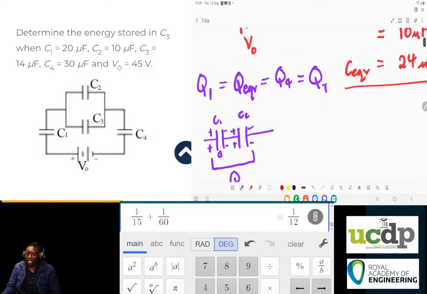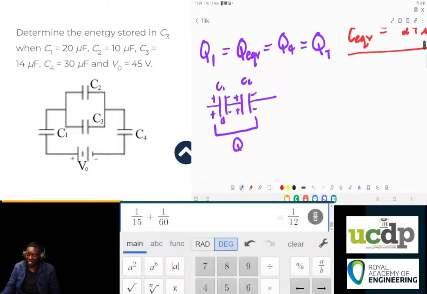You don't need to think hard about the addition, but generally look at it this way: this is your left plate, the positive plate, plate number 1, and the negative plate is plate number 2. So this is now just like one capacitor with still the same charges on either side.